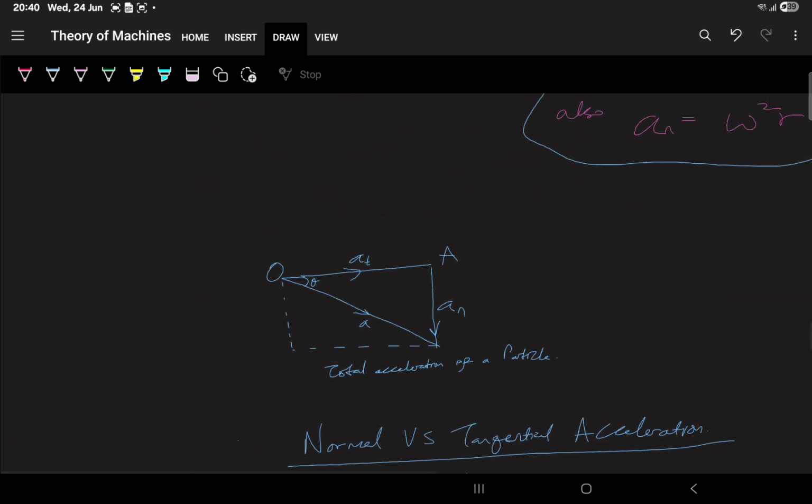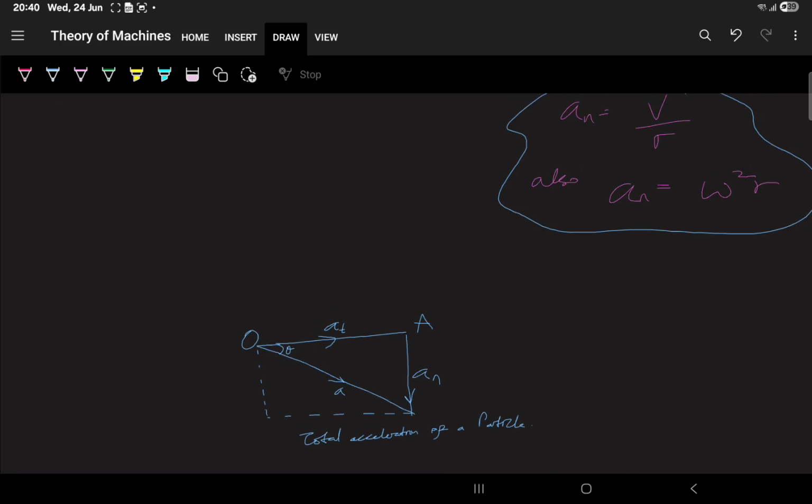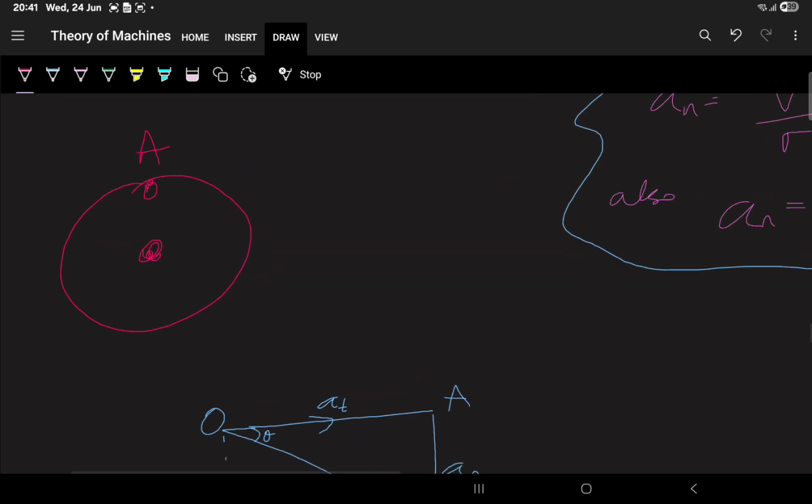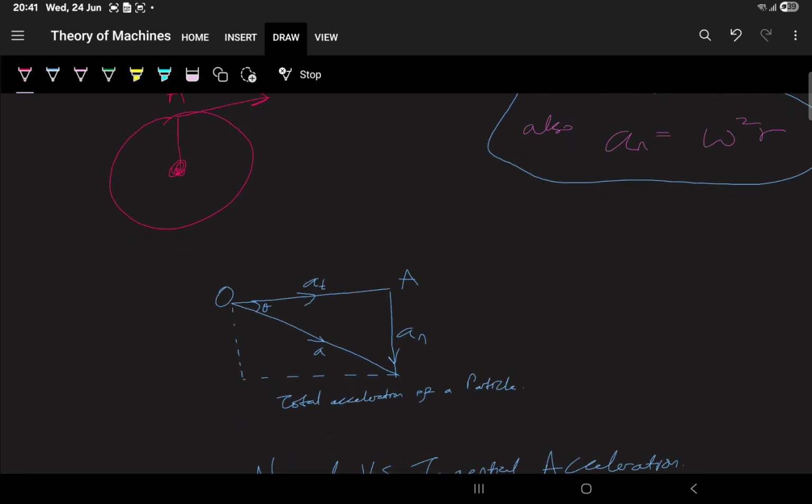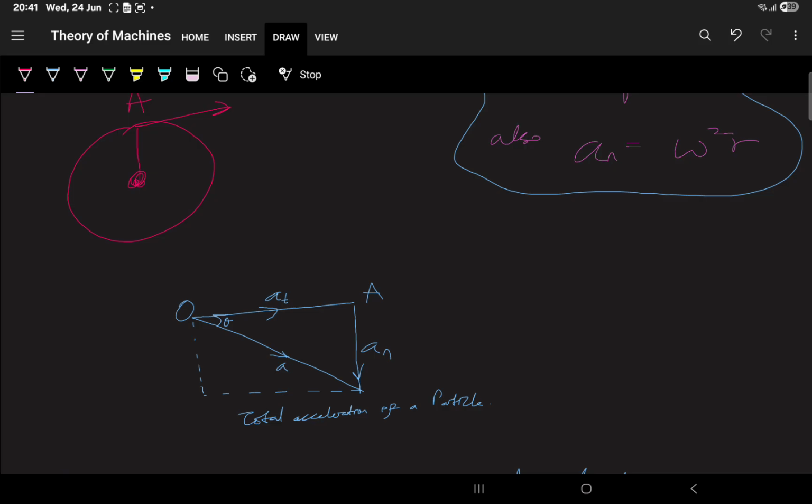Now in this circular motion, we have our tangential velocity and normal velocity. Tangential velocity acting tangentially to the path, and normal velocity acting towards the center of the curvature.